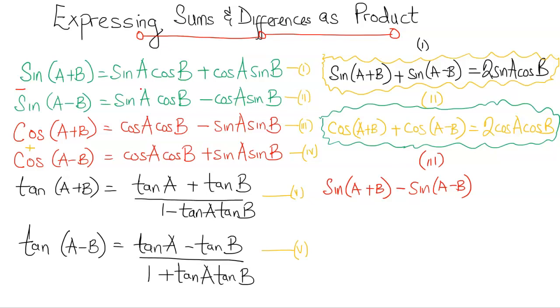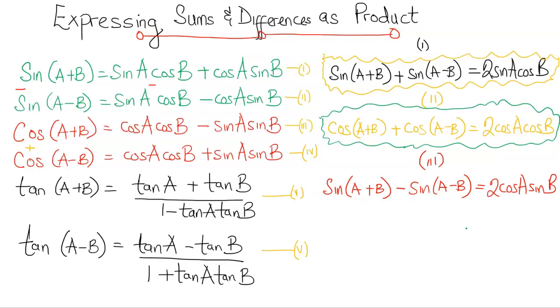So let's focus on the right. Sine A cos B minus sine A cos B is gone. Then cos A sine B minus negative cos A sine B, so the minus minus becomes plus. That becomes cos A sine B plus cos A sine B, and that's equal to 2 cos A sine B.